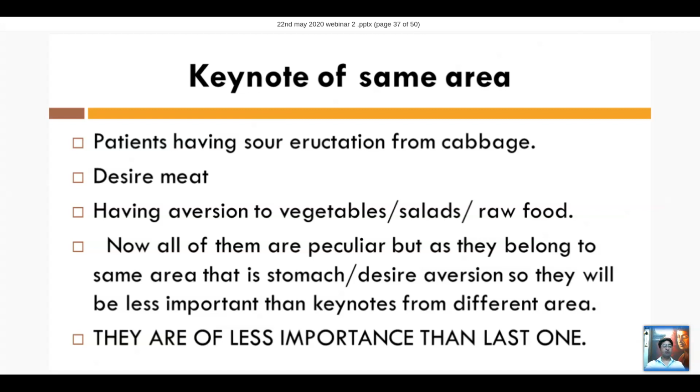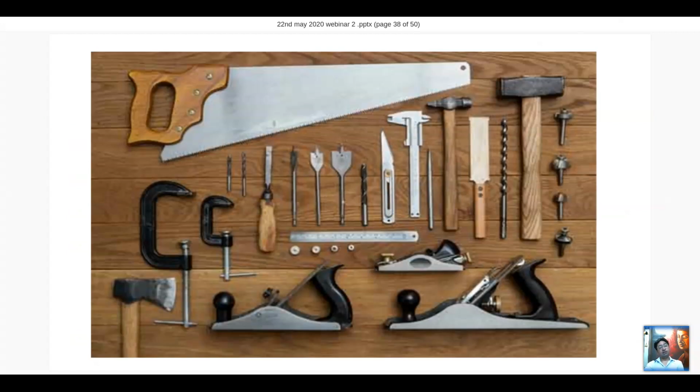So this is what we have to understand. There is one more, that is called keynote essence. When a keynote does not remain a simple keynote, it becomes the essence of that particular case. I got one case in which the patient was suffering from cough for 6 months.